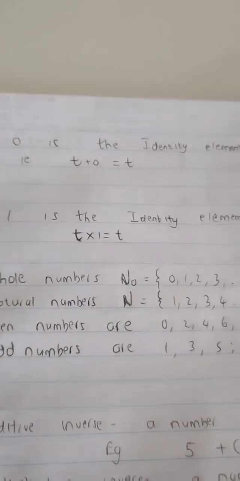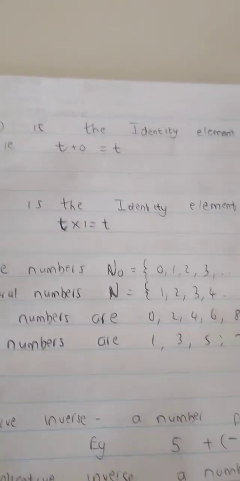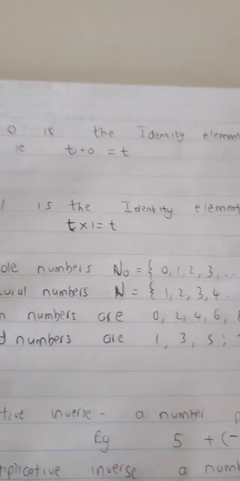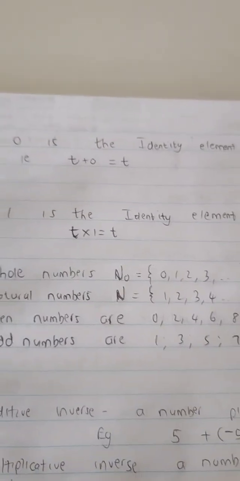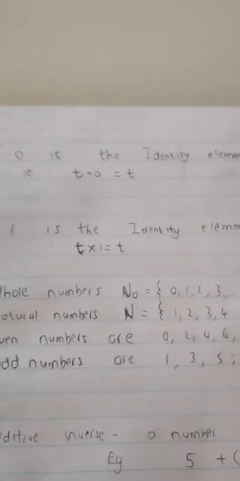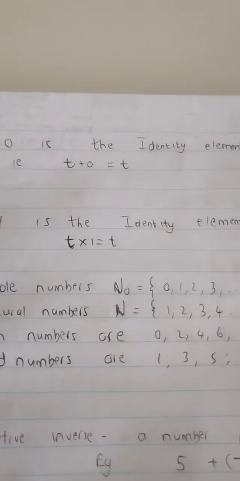So who you are does not change with 0. You retain your identity with 0. If you are added to 0, you remain who you are. For instance, 1 of me plus 0 of something else means me. 5 plus 0 is 5. 10 plus 0 is 10. 2 plus 0 is 2.